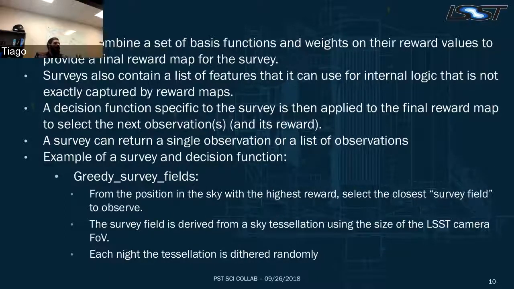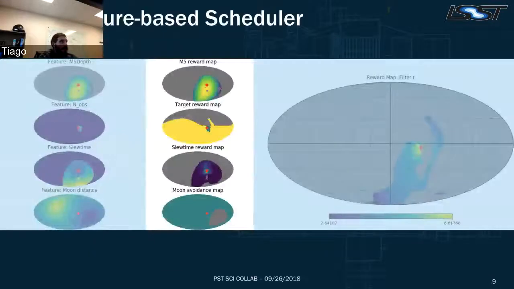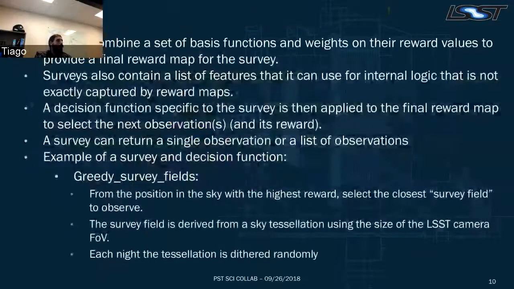So basically what the surveys in the feature-based scheduler do is combine a set of basis functions. So when we look back here at the brain of the feature scheduler, what we're showing here, this combination of reward maps, is a survey. So the survey will combine a set of basis functions and a weight for each of those basis functions. And a survey will also contain features.